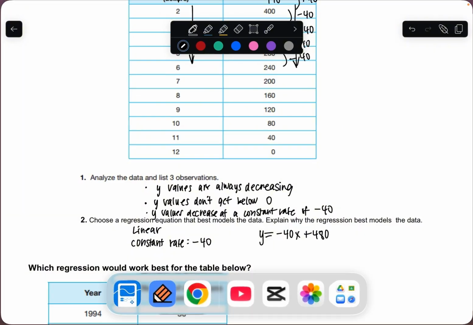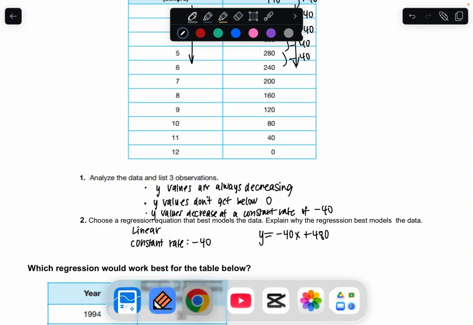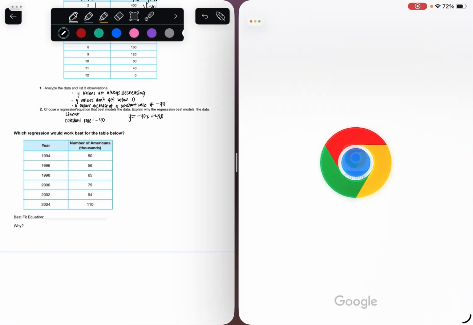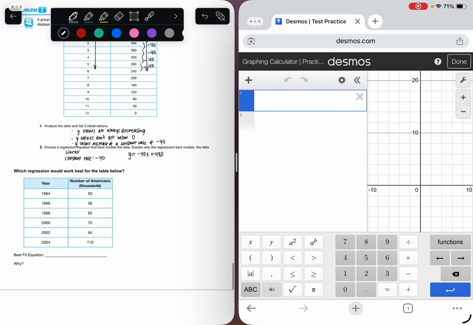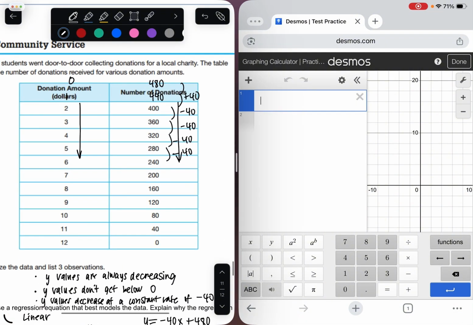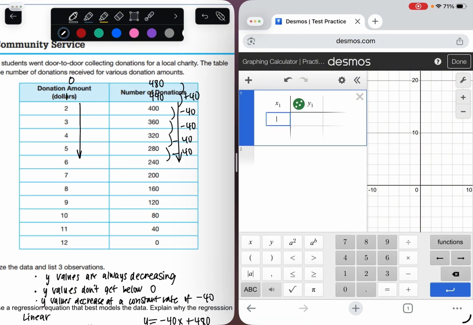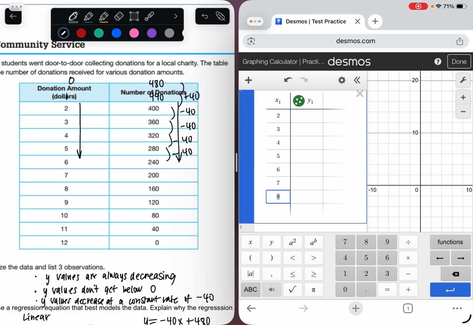And then if we want to check it with Desmos, we can add our table. I'm just going to type some of the points. Well, might as well.